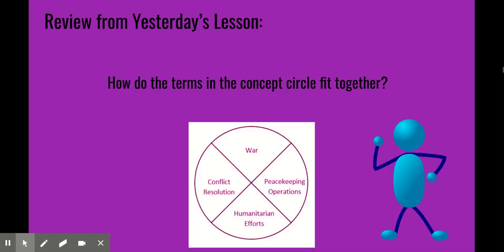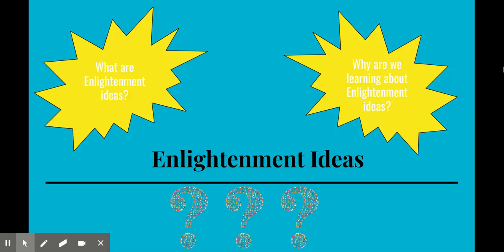Peacekeeping operations are ways to help to create lasting peace, which is similar to conflict resolution, which is to negotiate to resolve a disagreement. Humanitarian efforts are to save lives, alleviate suffering, and maintain humanity. Your answers should have reflected these definitions and could vary on how you made connections.